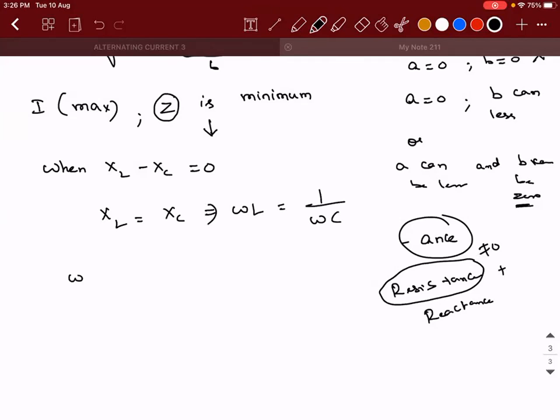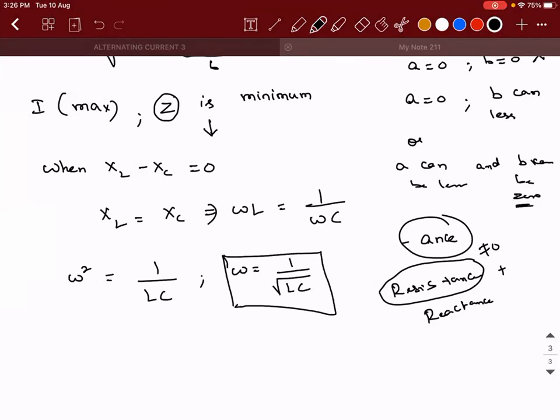When you rearrange the equation, you will get omega square is equal to 1 by LC, which implies omega is equal to 1 divided by root of LC. And this frequency is what is called the resonance frequency. This is the frequency at which the whole RLC circuit is said to be under resonance condition.